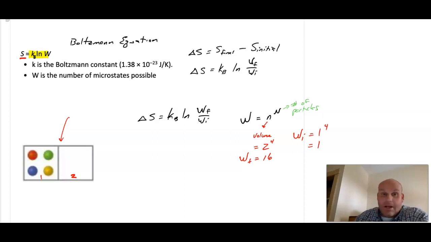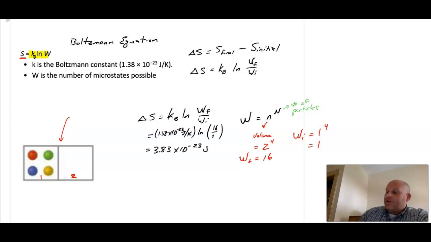Okay, so now we can plug this into our equation with the Boltzmann constant as given, times the natural log of 16 over 1, which of course would just be 16. If we solve that out, we would get an answer of 3.83 times 10 to the negative 23rd joules.